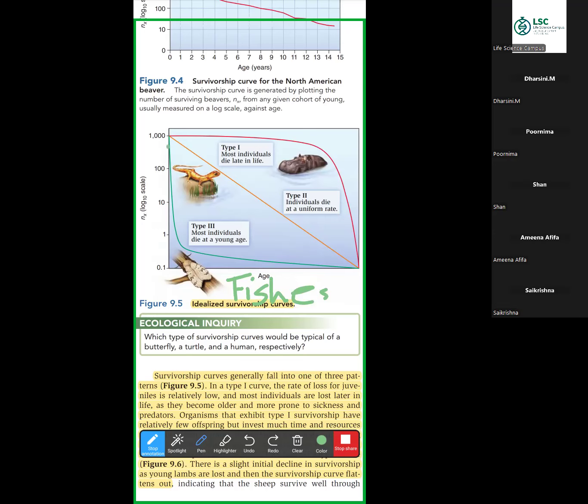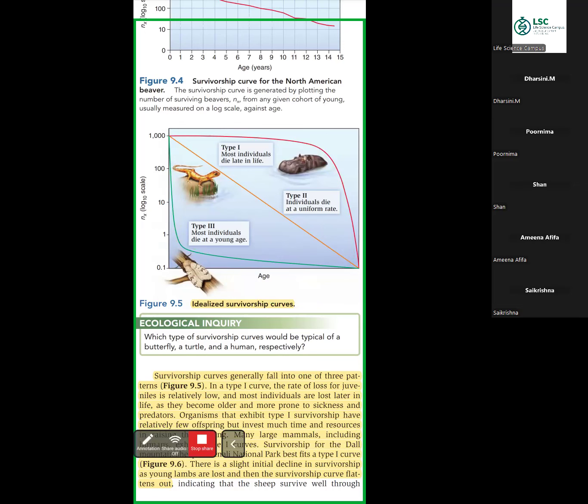In this case, most of the individuals die at a young age. That's why there is a steep decrease at the start of the curve itself. But in the case of type 1, graph is like this. This steep decrease occurs after the individuals become aged. Is it clear? Yes, ma'am.